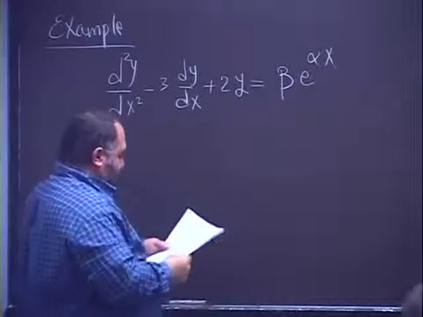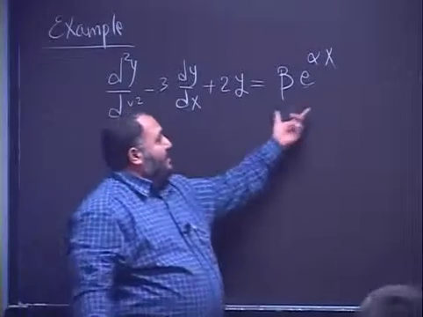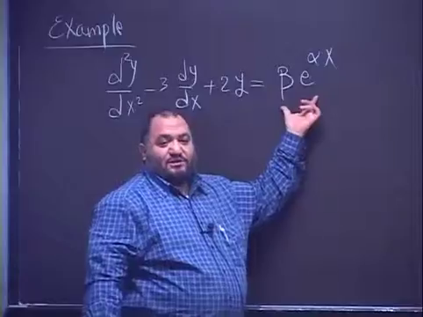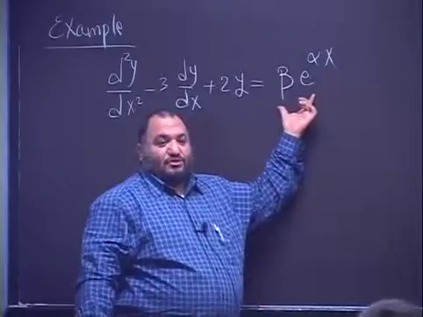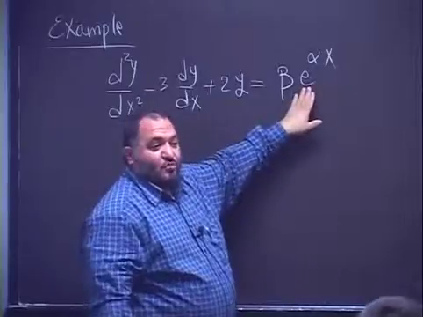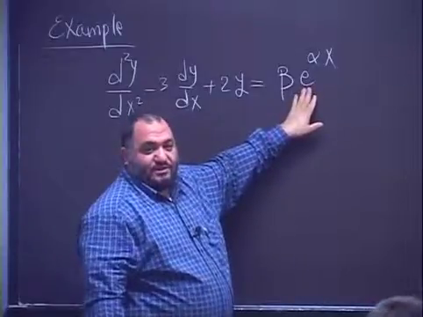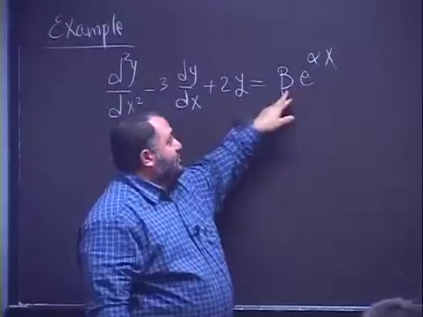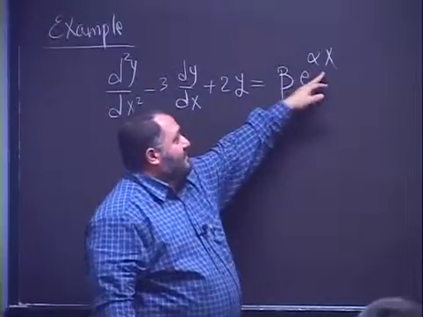If you remember, last time we stated that this is what? g of x. So in order to seek a particular solution, we will have the same form as g of x. So g of x is just beta e to the power of alpha x.